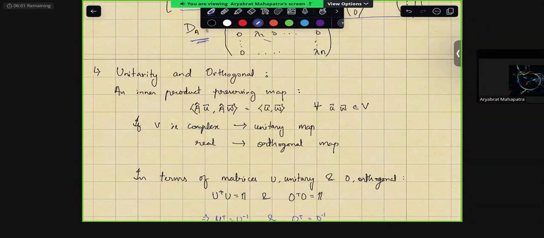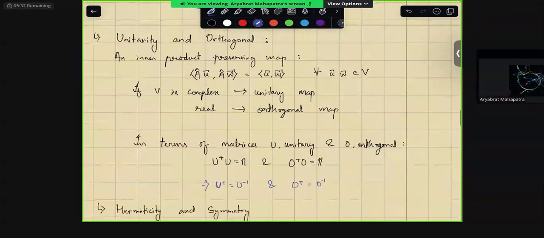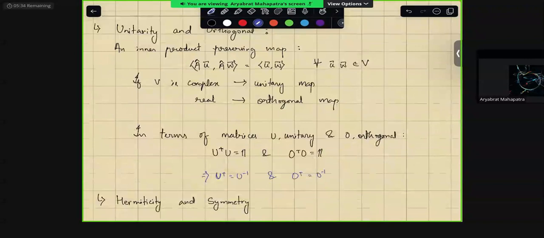Unitarity has to do with certain conservation properties in various contexts, which you can see when you look at its applications. Unitarity is defined in this way, and orthogonality in this way.